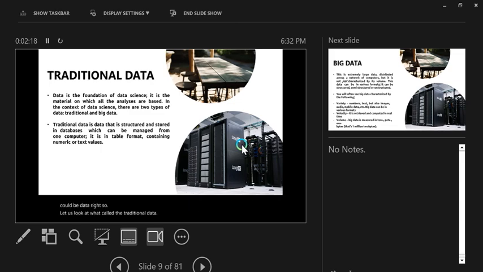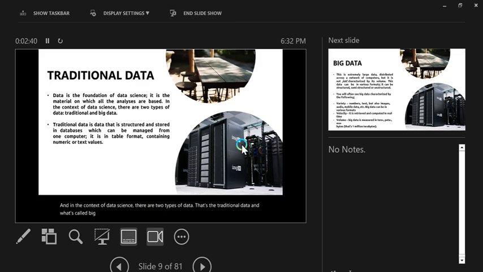As we have said, data is the foundation of data science, and therefore data is the material on which all the analysis is based. In the context of data science, there are two types of data: traditional data and what we call big data.